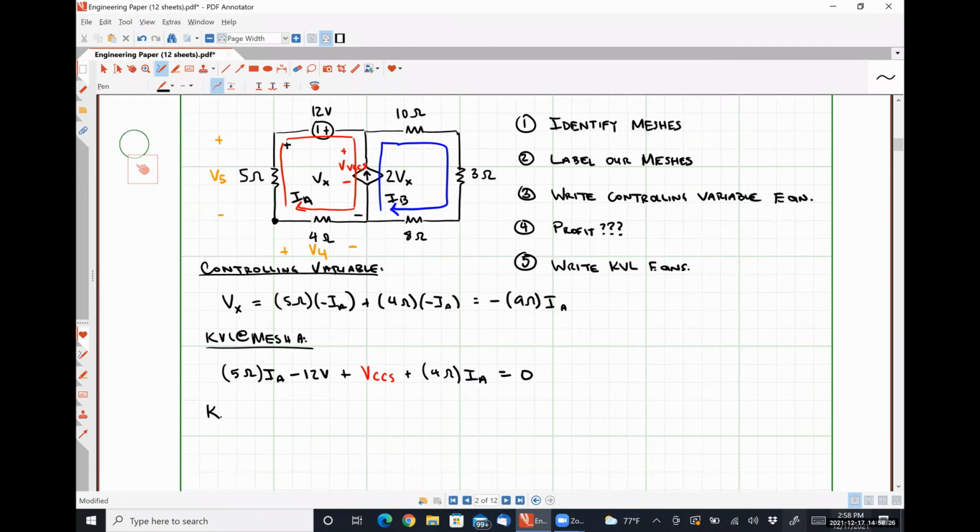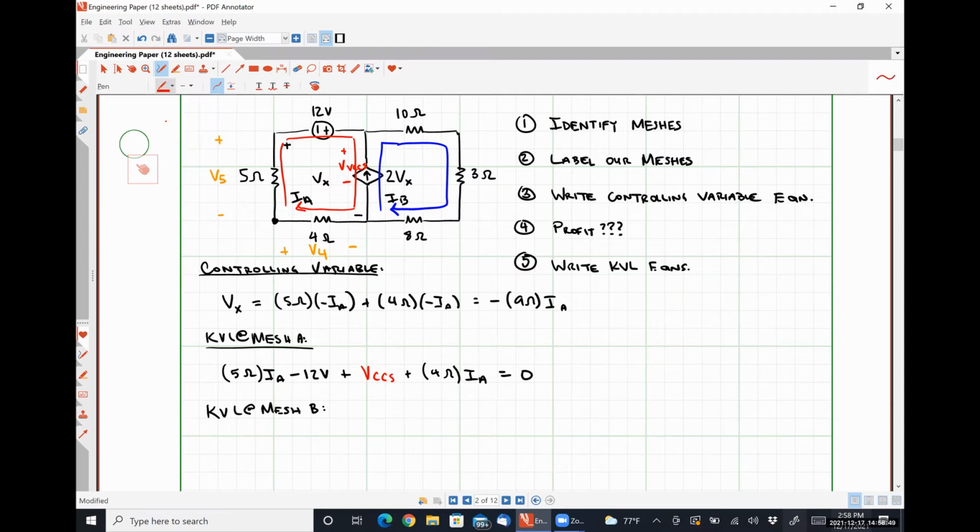And when we try to write a KVL equation for mesh B, we're going to run into the exact same problem, right? The first thing we see is that current source over which we need a voltage drop, but we have no way to express that voltage drop in terms of our mesh currents.